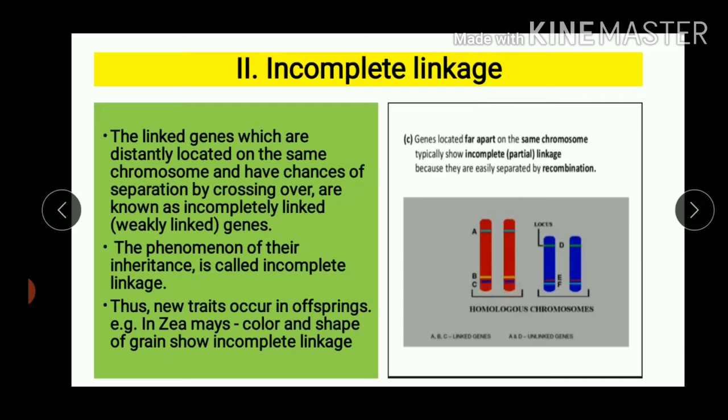So when crossing over takes place, there are chances that B and C will go together, but A will not go to the next generation because it is far away from these genes. This phenomenon of their inheritance is called incomplete linkage. Thus, a new trait occurs in the offspring. For example, in maize plant, color and shape of the grain show incomplete linkage.